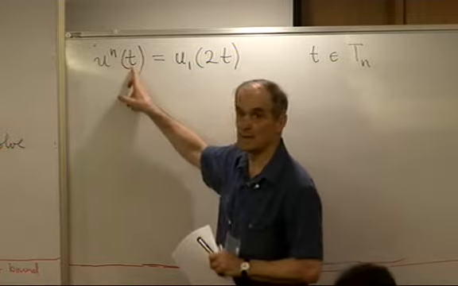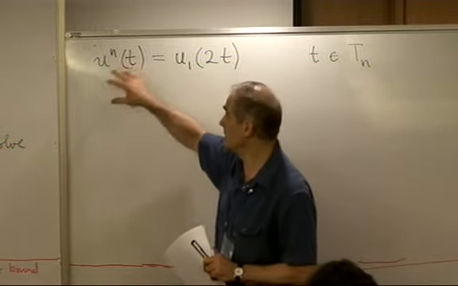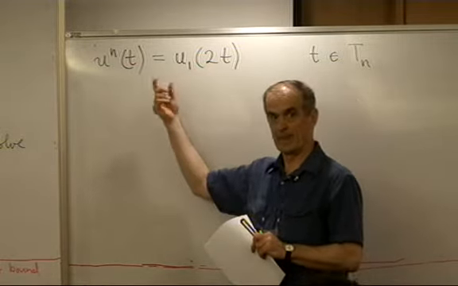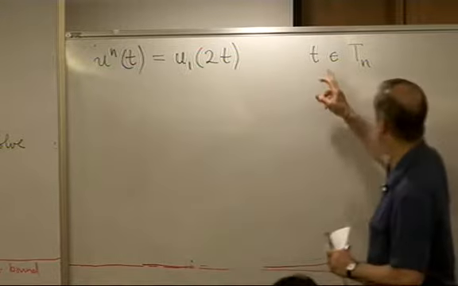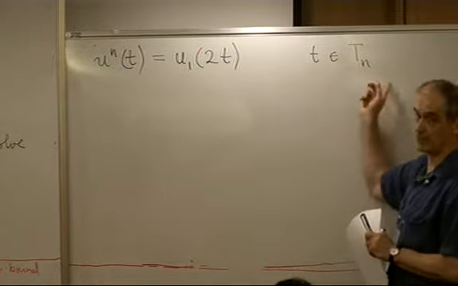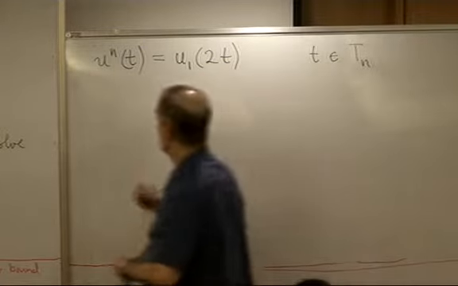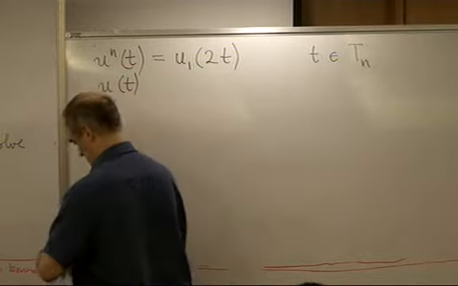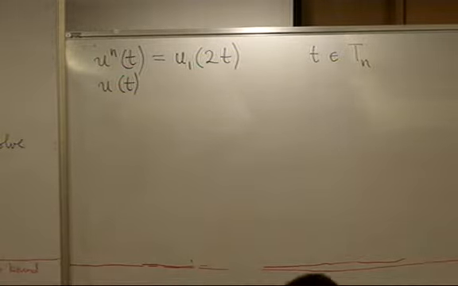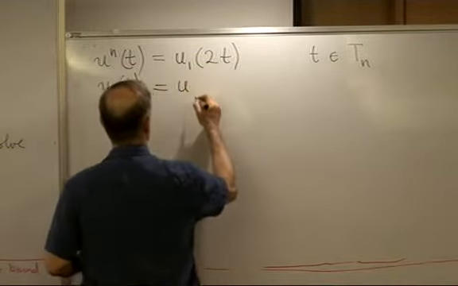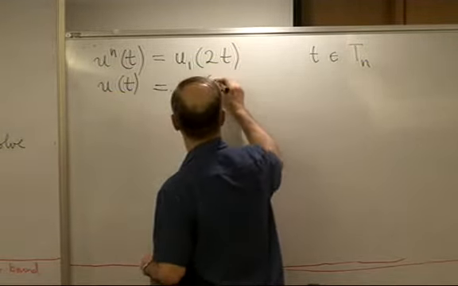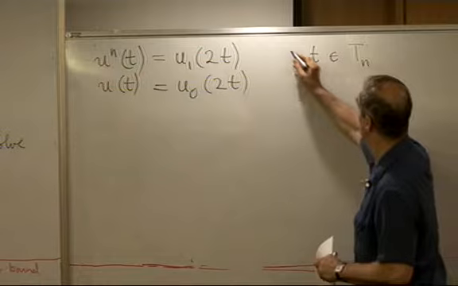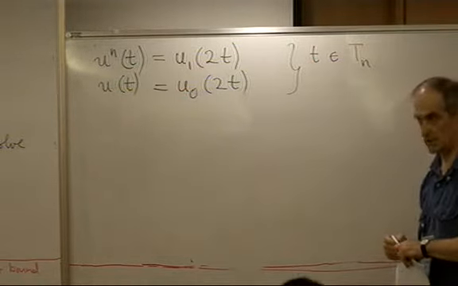Notice that the u n t is not defined anywhere else, but in this way we embed it into continuous time, and there is a good relation. So in fact these are equal at the points of the grid, and similarly the u0 t equals u naught 2t, so we synchronize with this 2t again when t is from the right.